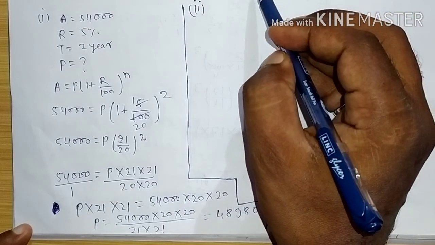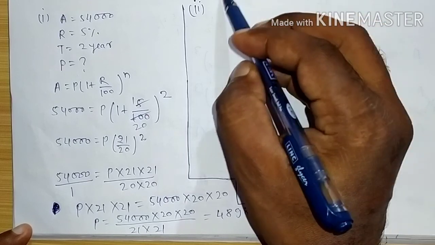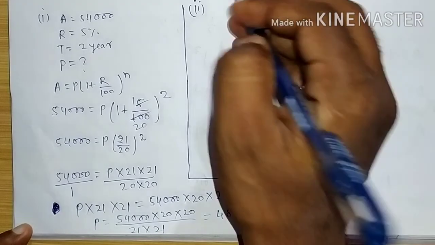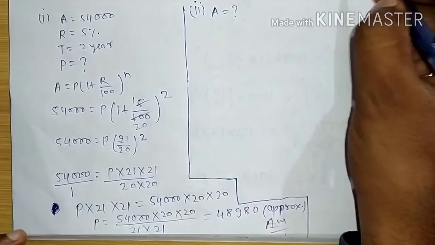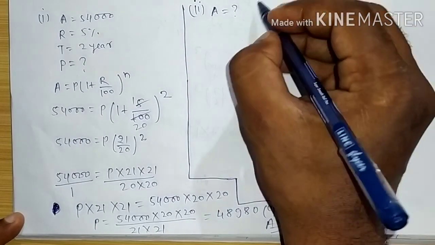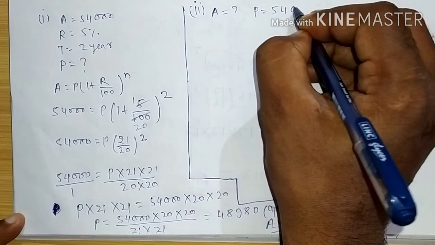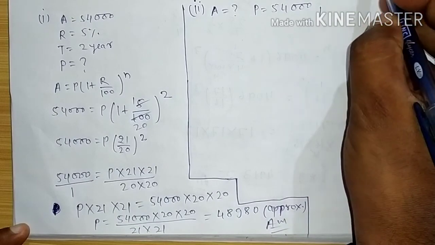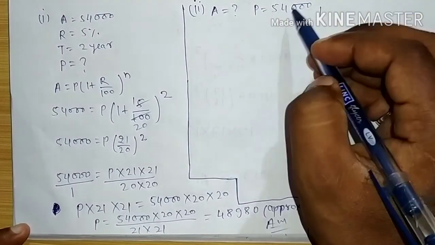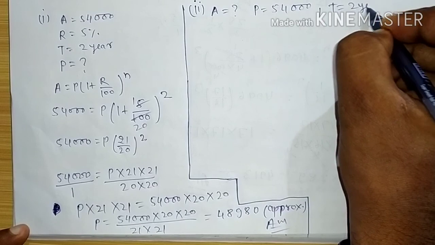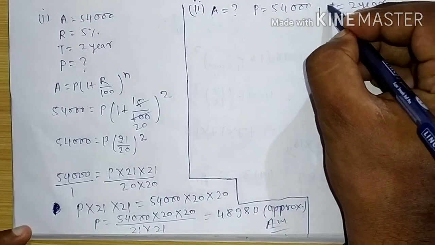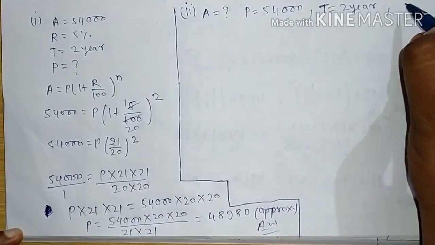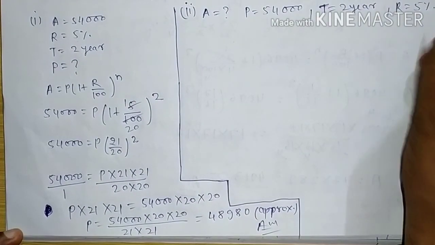Okay, because in 2005 the population is greater, and which is greater, that becomes amount. So we have to find amount, and in 2003 54,000, that means principal is given 54,000. Okay, time is 2003 and 2005, that means after 2 years, so time will be 2 years. Okay students, and R is given 5% per annum, so R is equals to 5%.